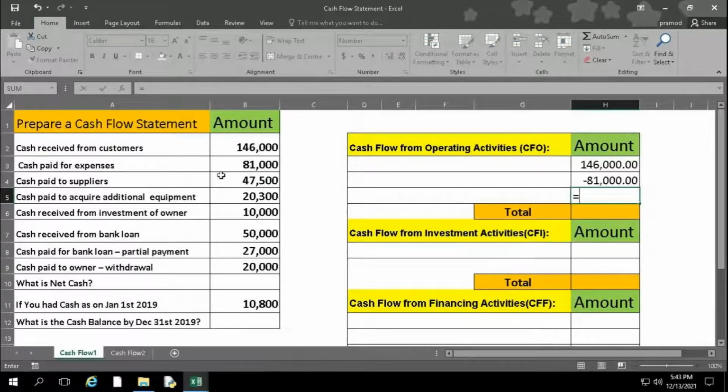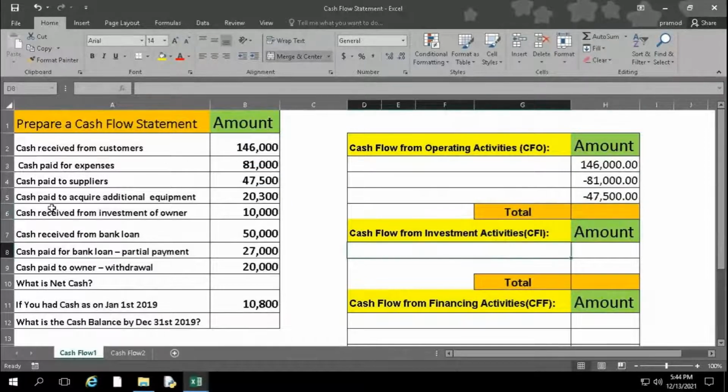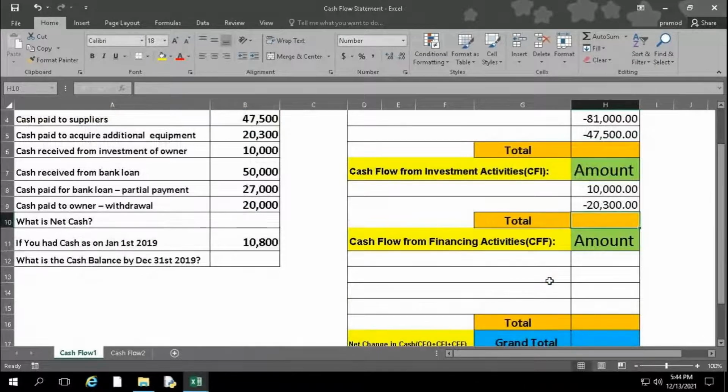Cash paid to supplier is CFO minus. Investment activities: cash received from investment of the owner, and cash paid to acquire additional equipment, sir. This also we take. Paid, everything we have to take as minus, sir. Correct.